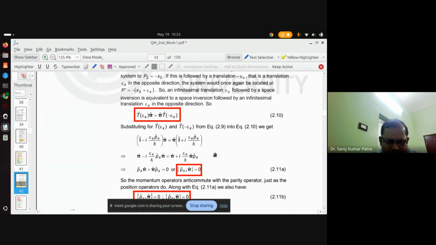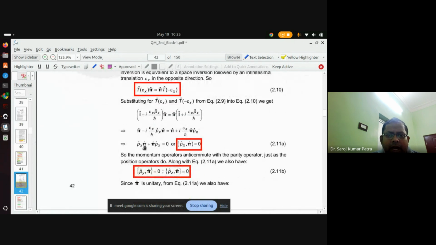And if we work it out, we'll see identity. So pi will cancel. So finally, what we will get is px pi plus pi px is equal to 0, or px pi anti-commutator will become equal to 0. So px pi anti-commutator will be equal to 0. That means px pi will be equal to minus of pi px.